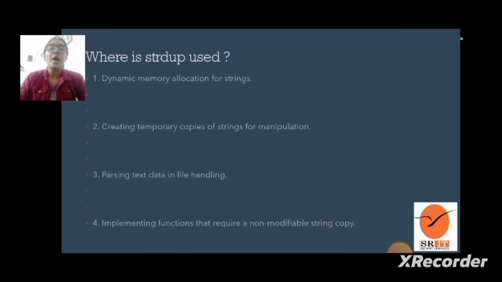And where is the strdup string handling function used? It is used for dynamic memory allocation for strings, creating temporary copies of strings for manipulation, parsing text data in file handling, and implementing functions that require a non-modifiable string copy.